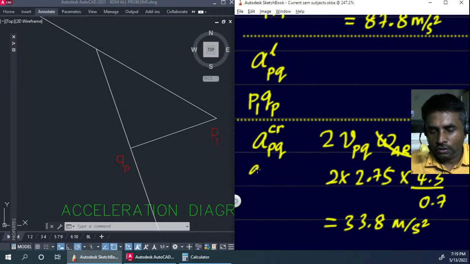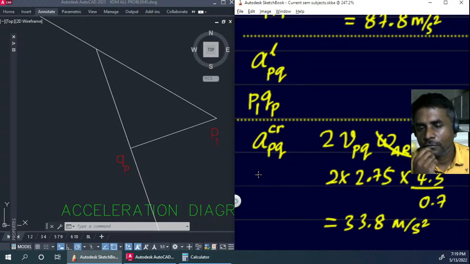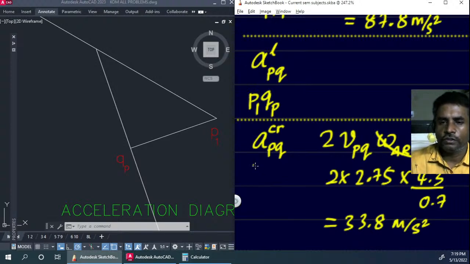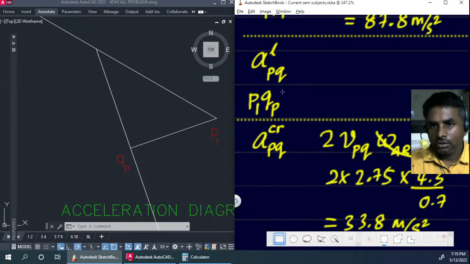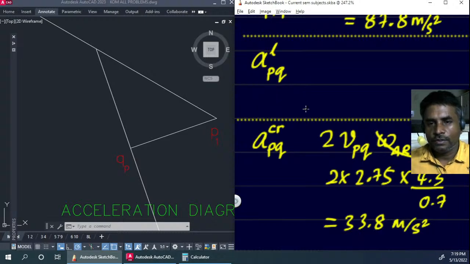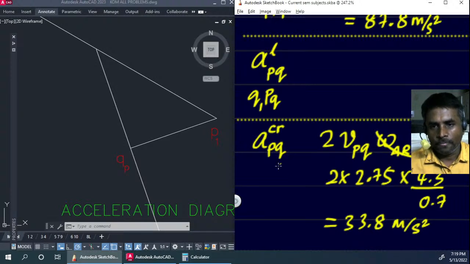So Q1, the starting point. P1 is the starting point. No, that's the point Q1. Okay, so I think I made a mistake here, because the starting point is Q, so we have to start at Q1 and go to a temporary point which is P subscript Q, and then we have to start with P subscript Q and reach the final point, that is P1.